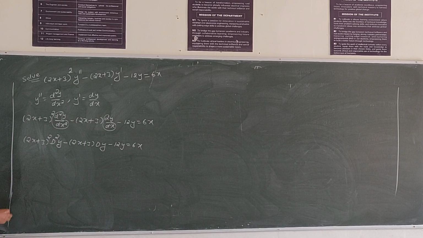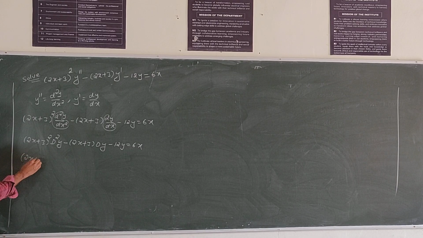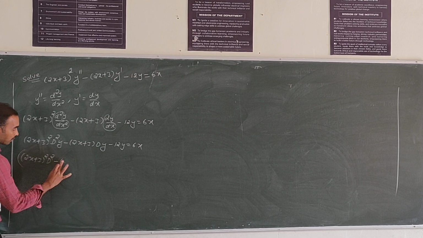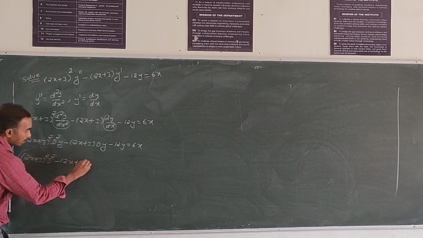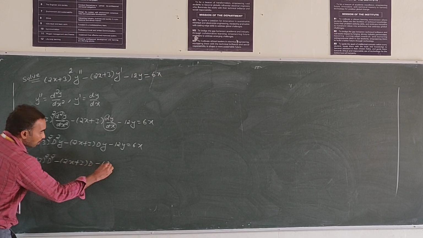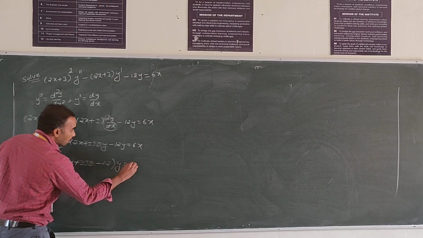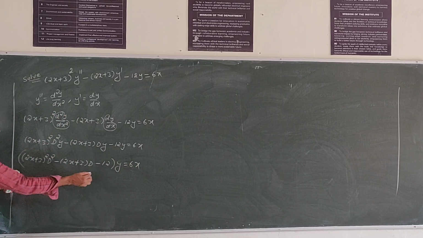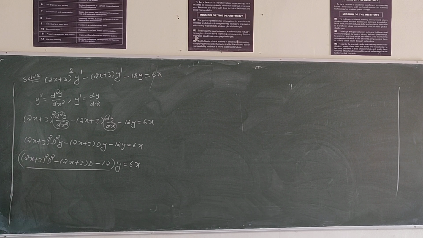Y is common, so take it outside: [(2x+3) squared D² minus (2x+3) D minus 12] y equals 6x. First we have to convert this term into constant coefficients.